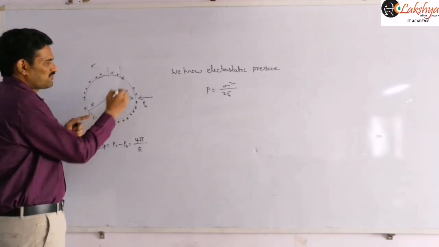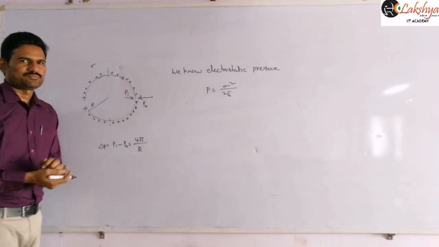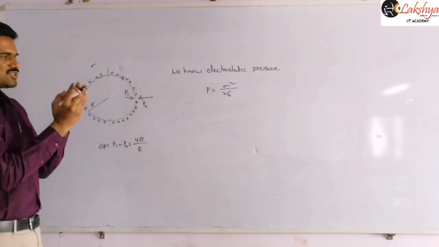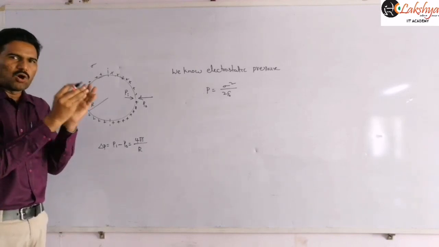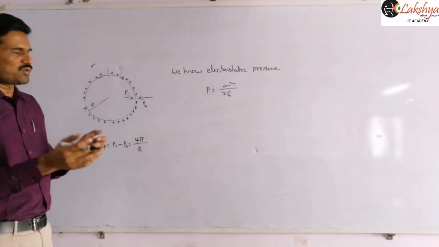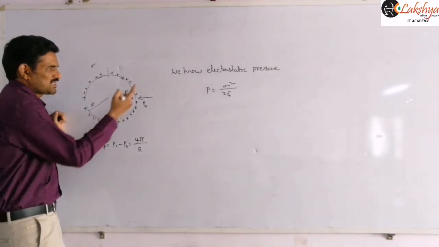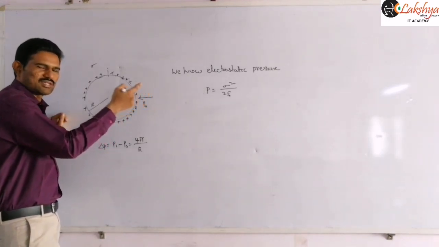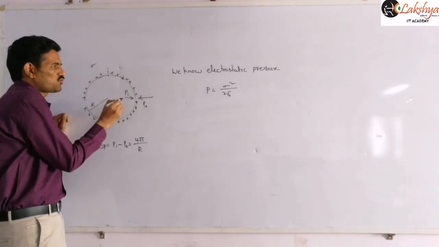Now suppose when you give some charge to this bubble, the bubble will experience some outward force, and due to that the size of the bubble will increase, as we already discussed. So the electrostatic pressure, which I am taking as PE, will also be in the outward direction only.